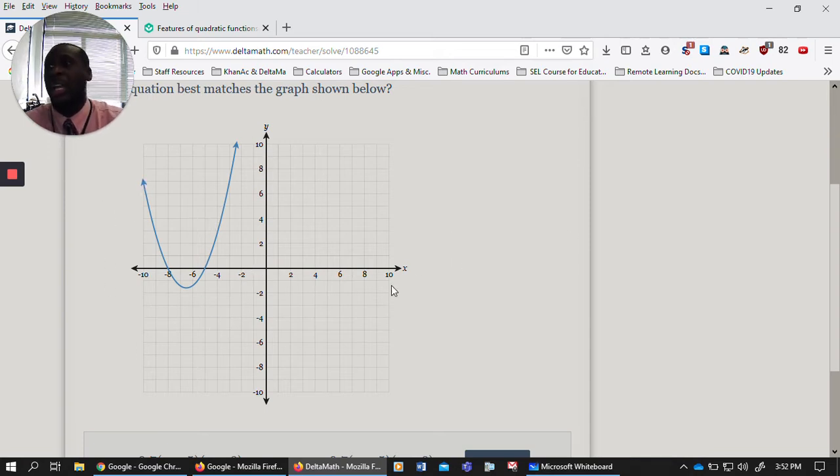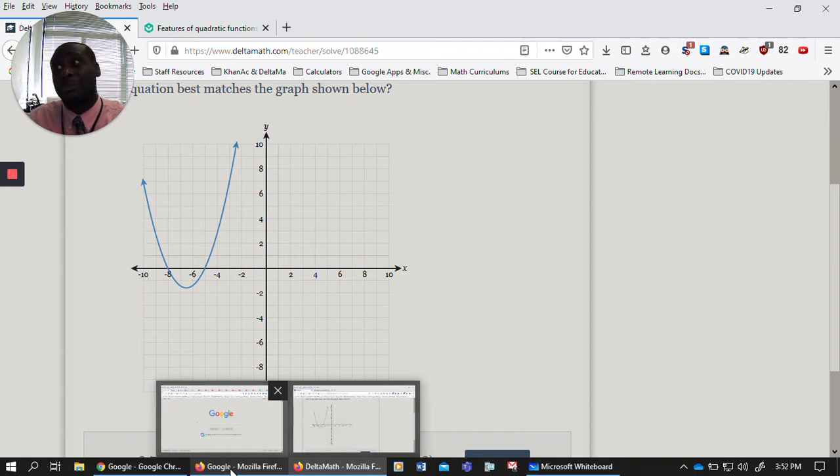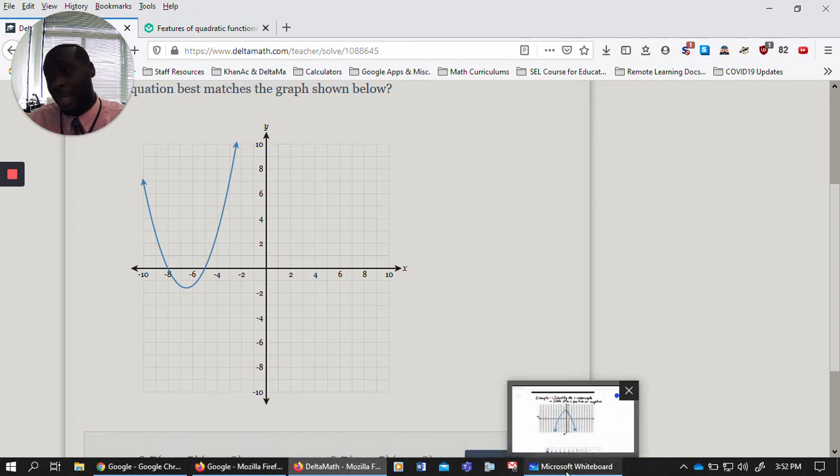You also need to look at this parabola and whether it is opening up or opening down, and whether there is a minimum or maximum there. Based on that, you need to tell me whether the A value is going to be positive or negative, right?